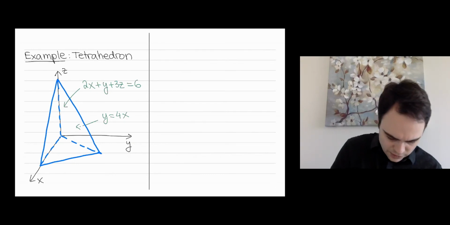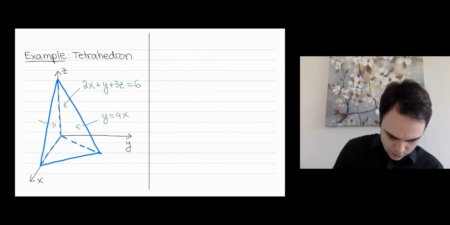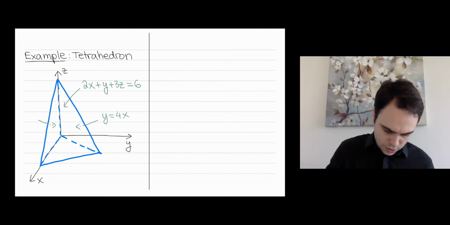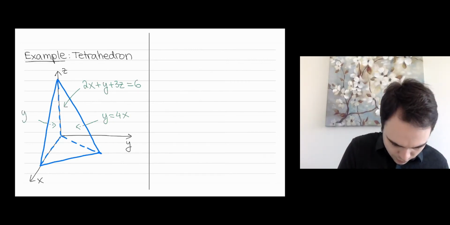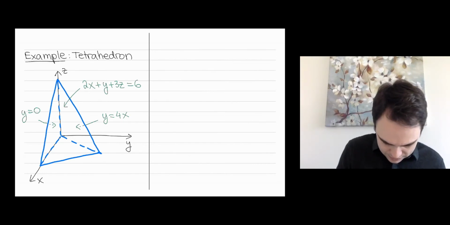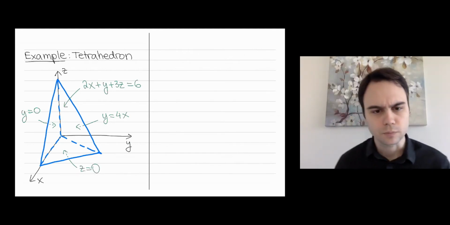The other two faces, their equations are easy to guess from the picture. The triangular face that's a portion of the xz plane just has equation y equals 0, and the bottom face, the bottom triangle, lives in the plane with equation z equals 0.